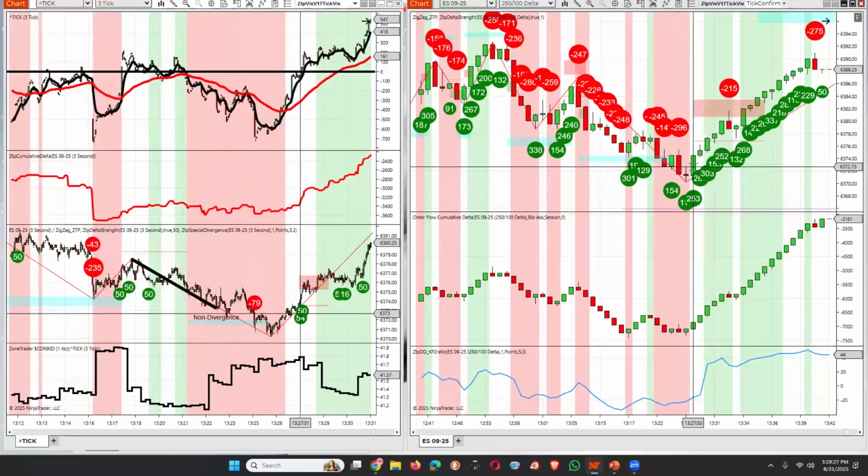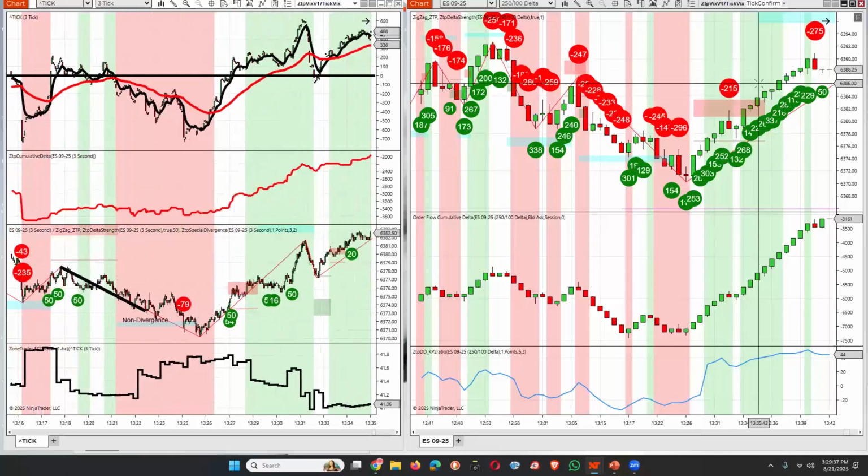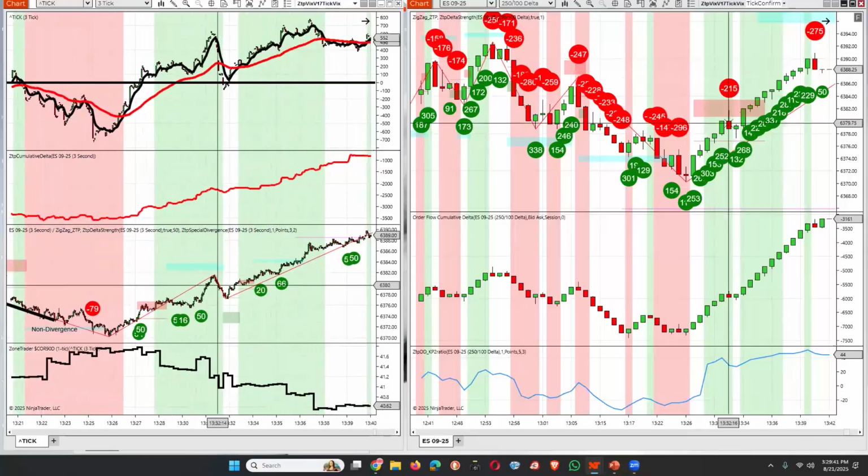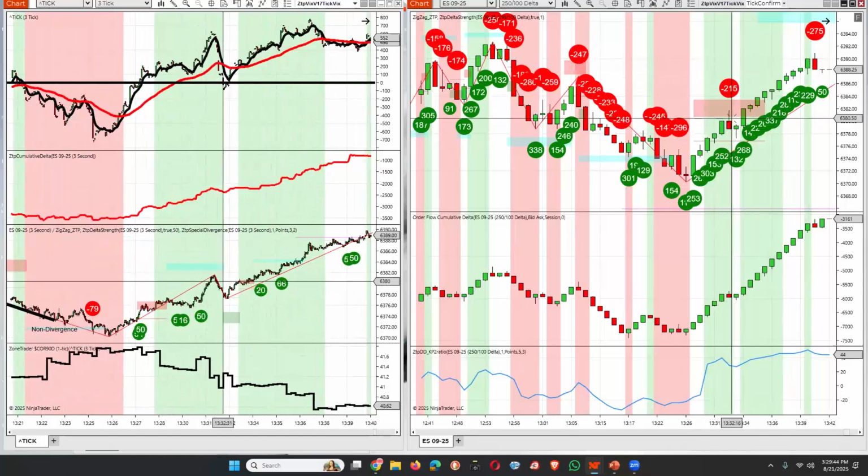But we come down here and now we have the possibility of a long trade where we can see that as we're right about here on price, about 73, the tick is already trading above zero. And we then trade from 73 up to 15 points higher. Our only resistance was right here.